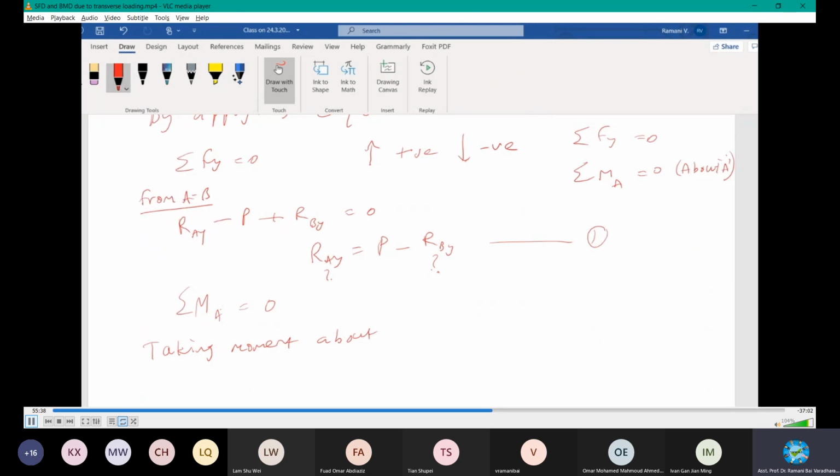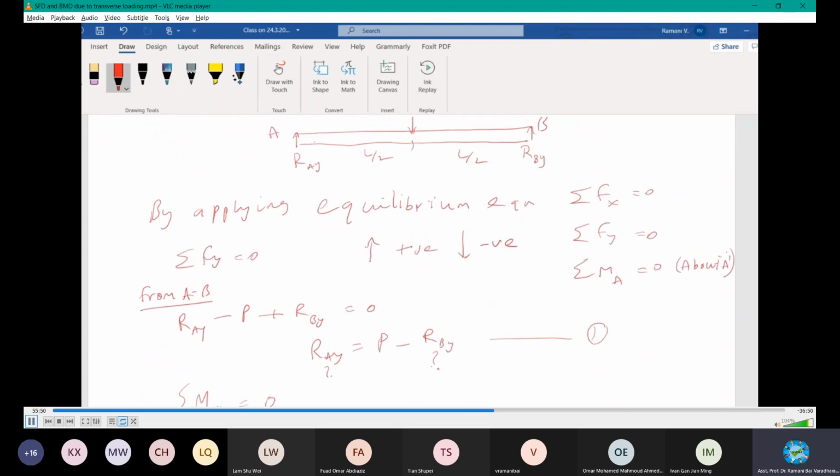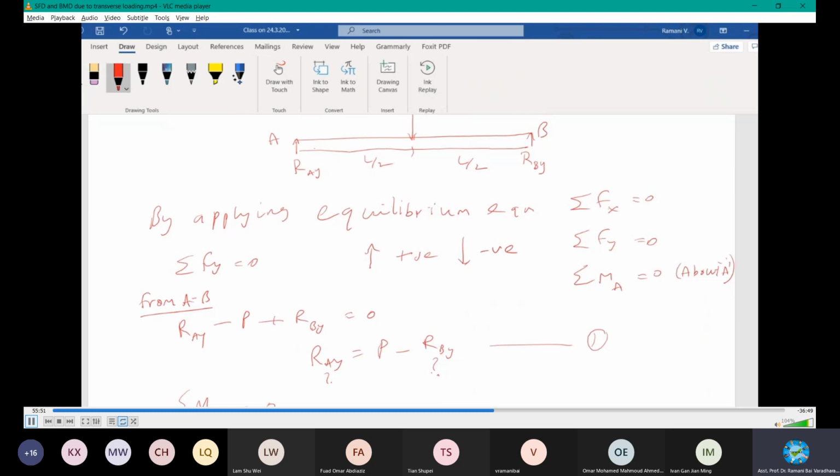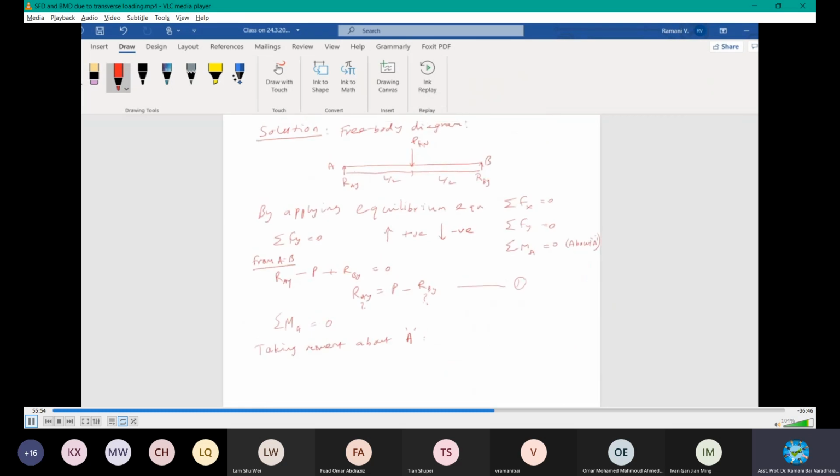Moment about A. Taking moment about A, moment is force into distance, right?